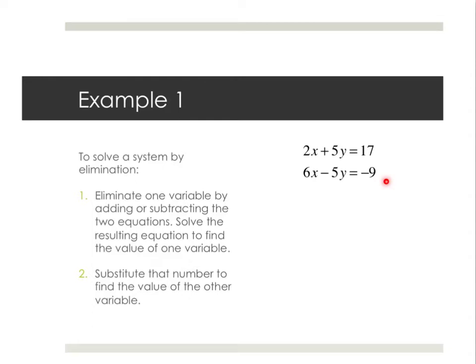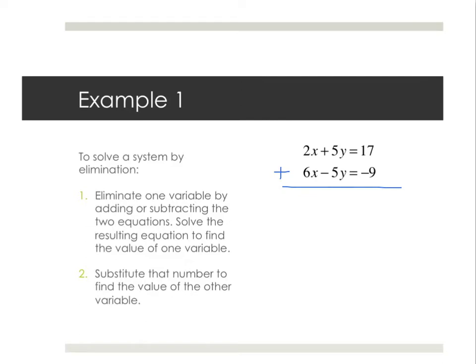The like terms are lined up. You should notice that the y variable has opposite sign, same size magnitude but opposite sign coefficients, which means they're going to cancel out when we add the two equations straight down.